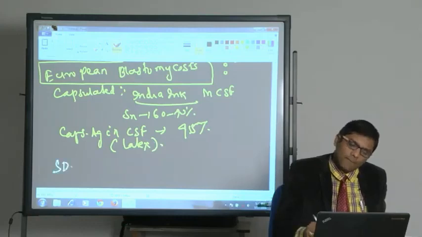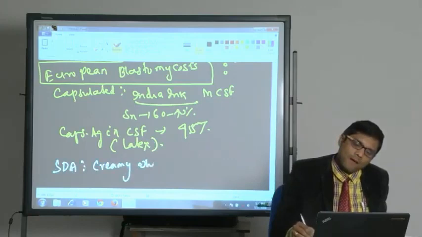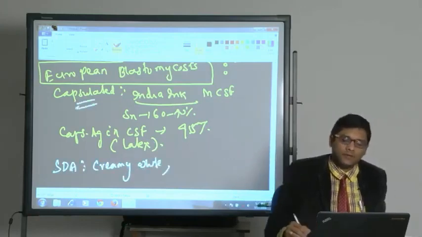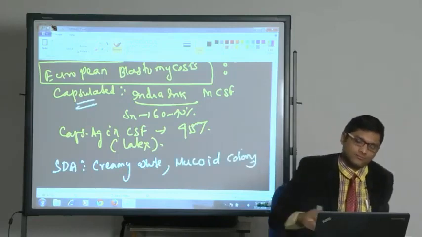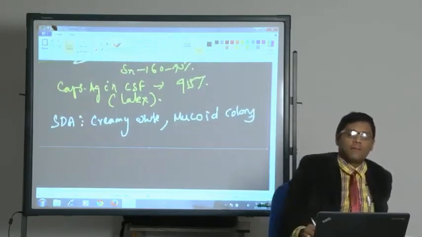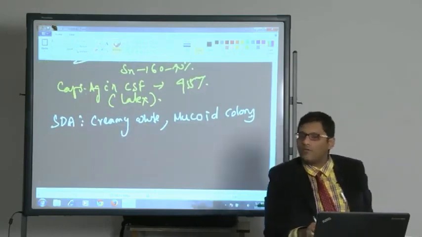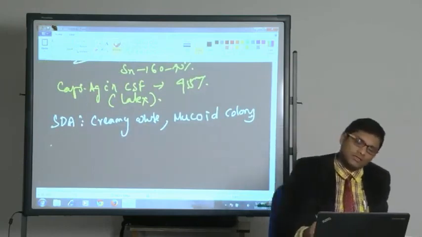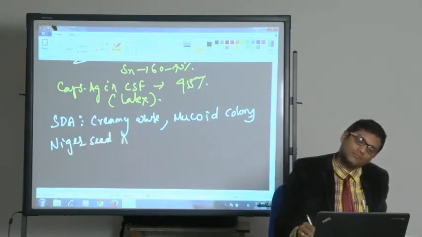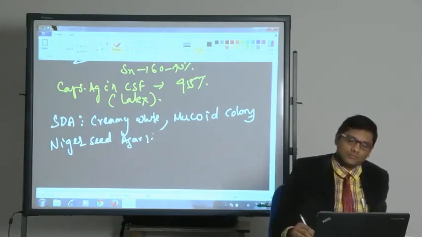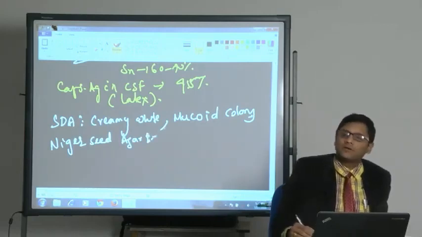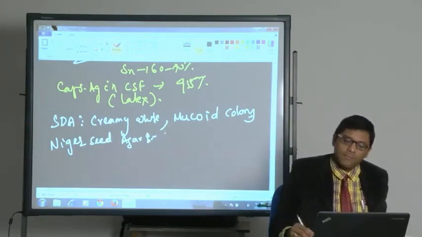In SDA, of course, creamy white colony like Candida, but because it is capsulated, it produces a mucoid creamy white colony. Apart from SDA, there are special media for Cryptococcus such as Niger seed agar, where it produces a characteristic brown black colony.